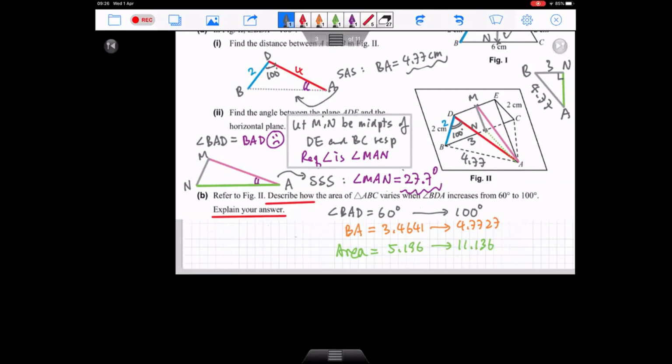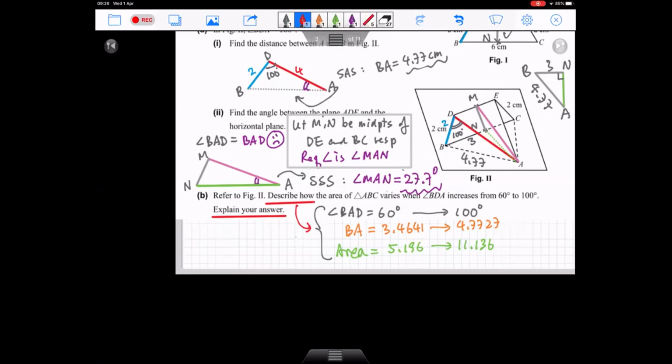So that is the description. Some of us do not know what to write to describe. This is what we call describe in quantity, because we can actually calculate the result. So why don't we just calculate the result? When BAD is 60 degrees and it increases to 100, what are the corresponding changes in the area?